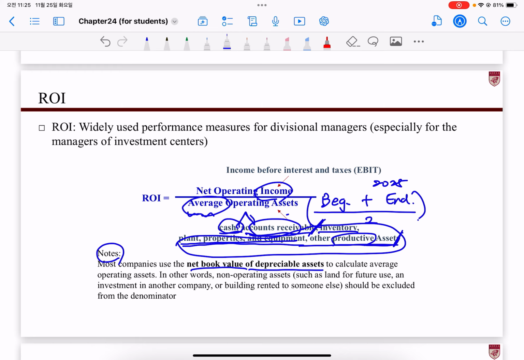So more strictly speaking, some companies may even delete cash and accounts receivable. But in our case, let's assume that cash and accounts receivable are also included. Okay. Other real non-operating assets like land held for use, investments in another company, or a building rented to someone else will be excluded from the denominator. Okay.